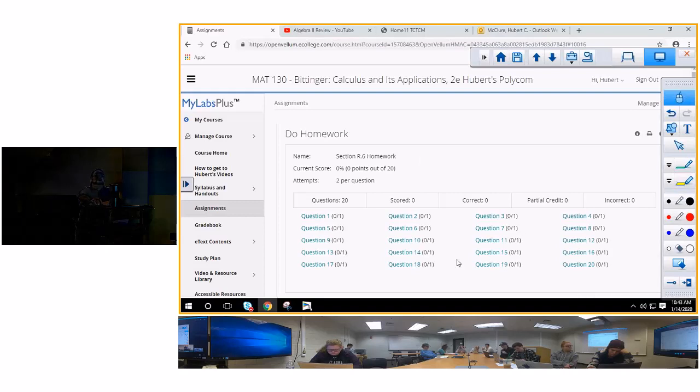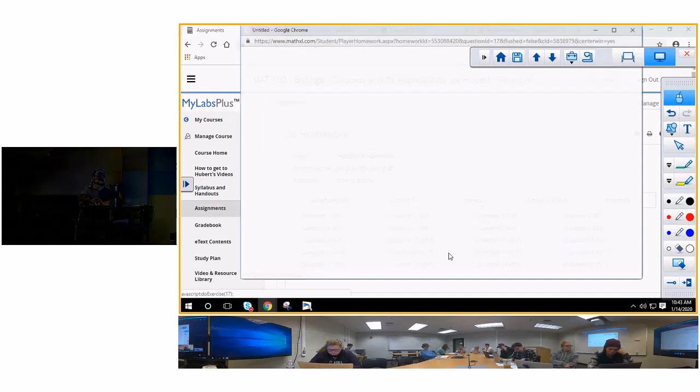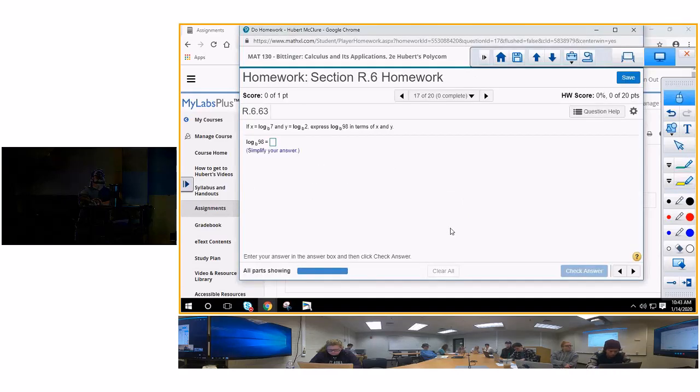Let's see, pick a number. 17. 17 is probably going to be a word problem. Okay, logs. Don't forget the logarithms. I got to redo that one too, I believe. If x is equal to log base b of 7 and y is equal to log base b of 2, express log base b of 98 in terms of x and y.